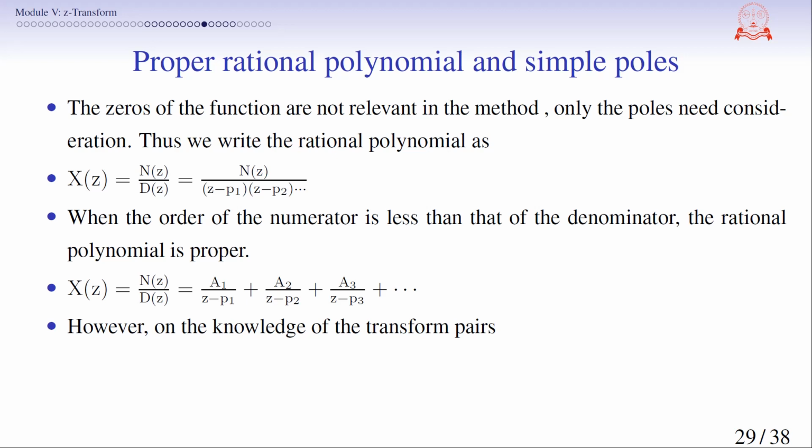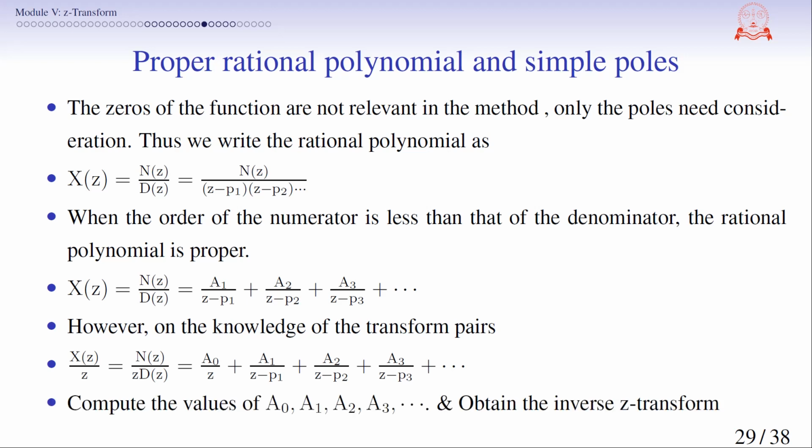That is, we compute X of z by z or H of z by z. So X of z by z is equal to N of z divided by z into denominator part of z. So this can be written as a0 by z plus a1 by z minus p1 plus a2 by z minus p2, etc.